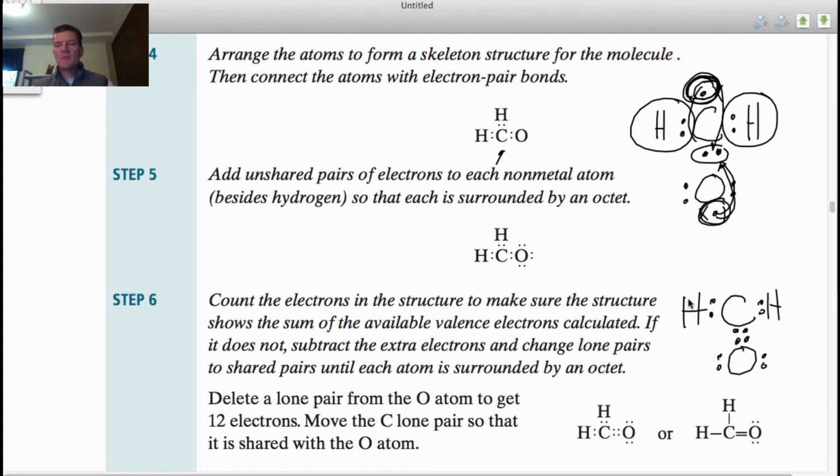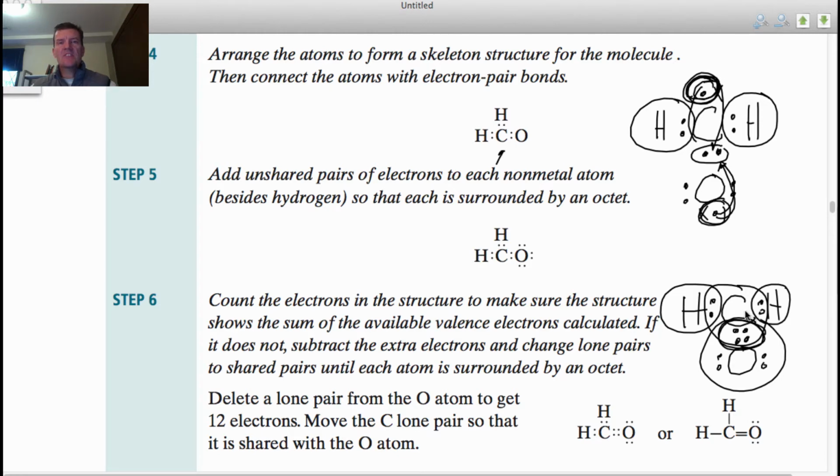Let's double check the numbers. Hydrogen, duet. Hydrogen, duet. Carbon, look. Carbon has 1, 2, 3, 4, 5, 6, 7, 8. It's happy. Oxygen, because now they're sharing 4 instead of just 2. 1, 2, 3, 4, 5, 6, 7, 8. Everybody's happy.